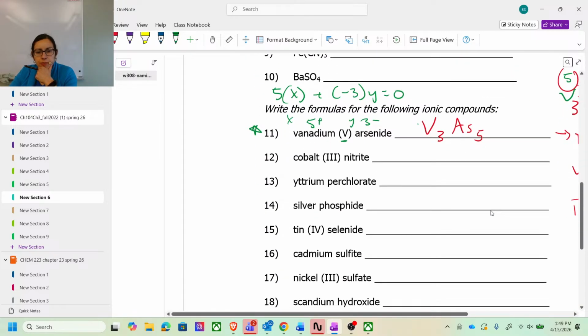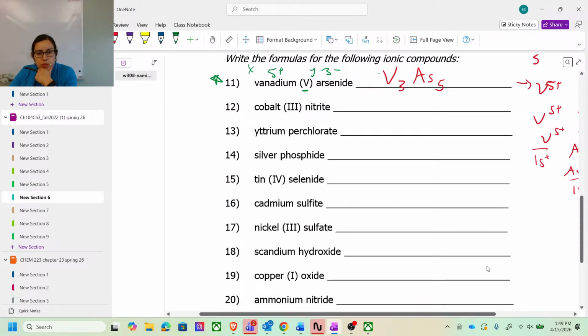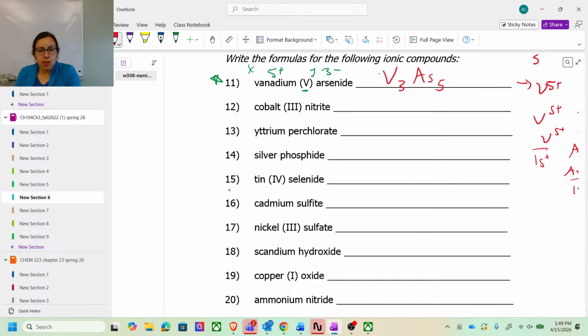All right, that looks good. Let's see. Might want to do just a few more really quick, even though I said I was going to end lecture. So try nickel sulfate at least really quickly.